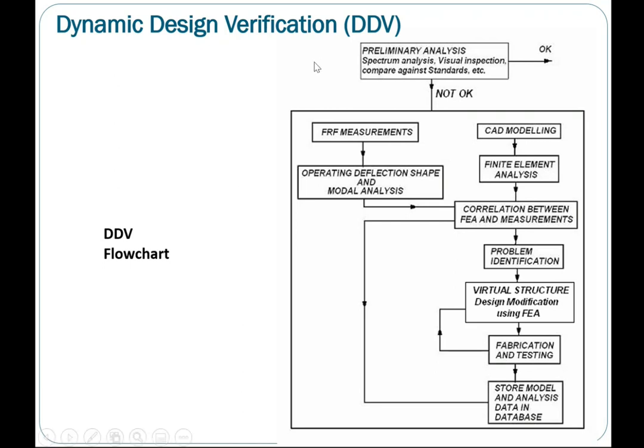So what you need to do first, of course, is that when it starts commissioning, before handover, before it starts operations, probably you have to go through a round of preliminary analysis.